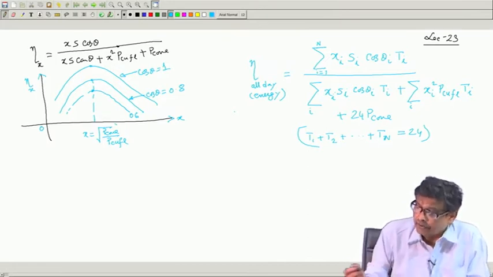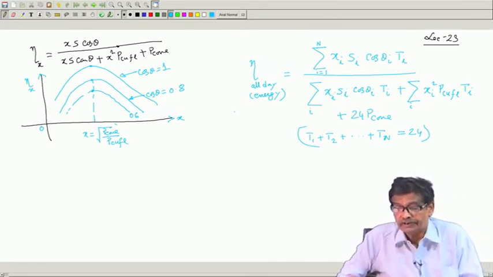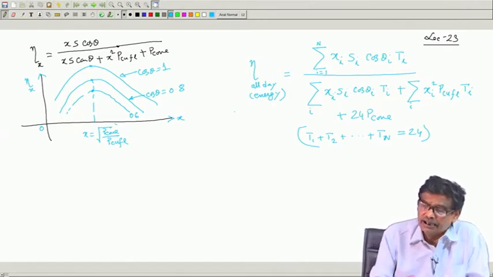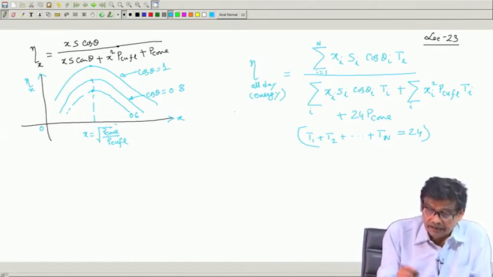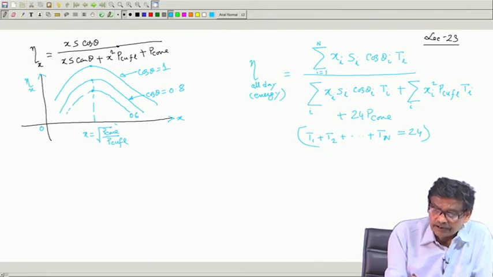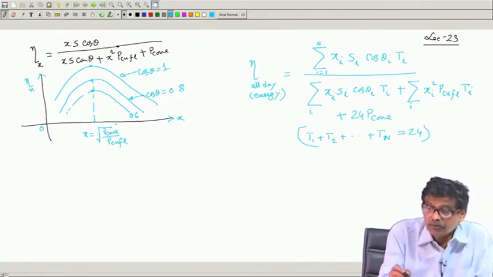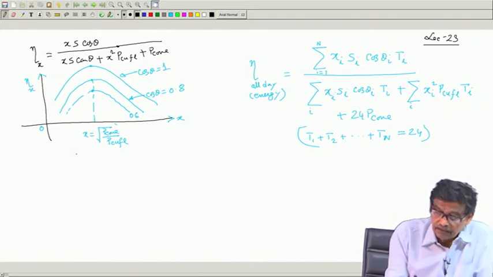Achha, before we proceed to discuss regulation, only one thing I will tell. See, the loading of a transformer, I told you how loading is specified.